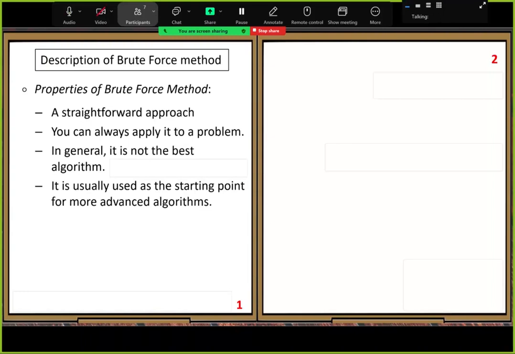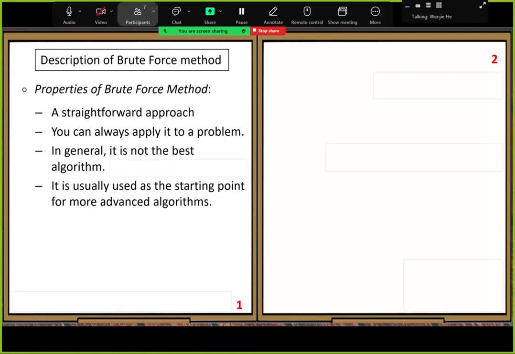Why do many people still want to start with the brute force method? Because they want to understand the given computing problem better. At the beginning, there are a lot of hidden properties, not that obvious.